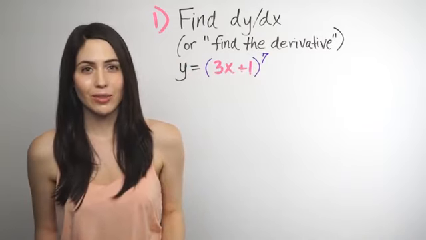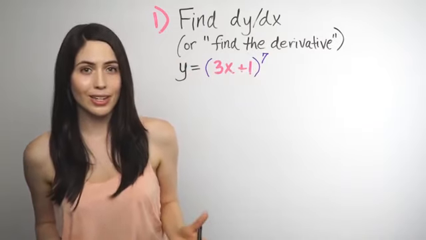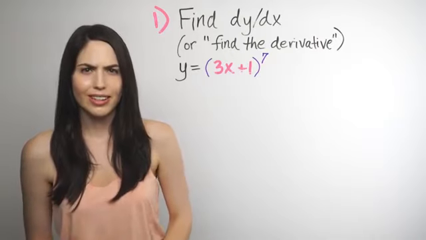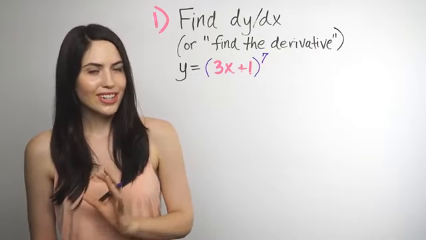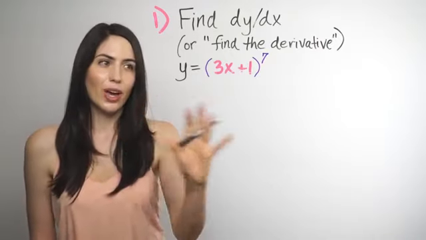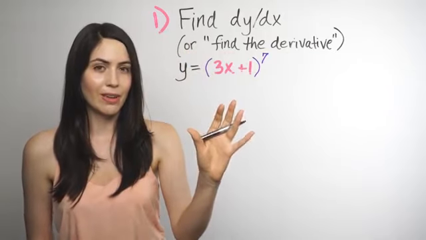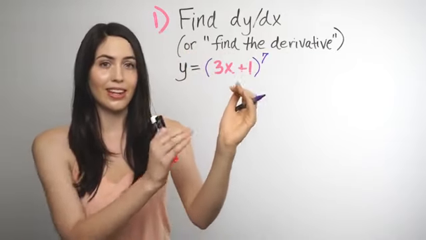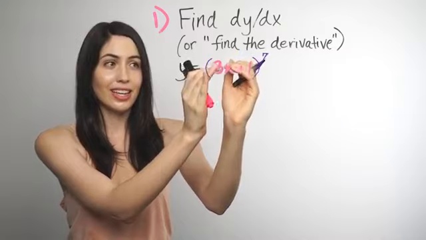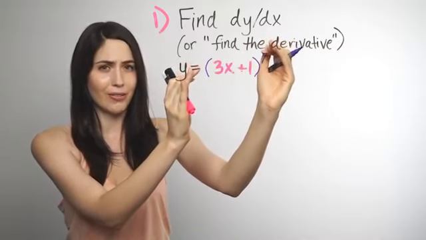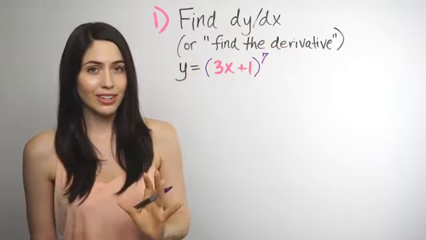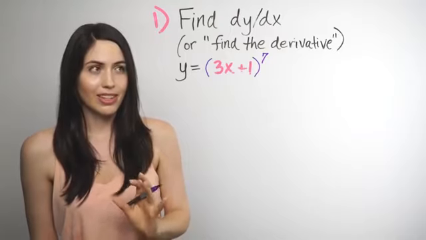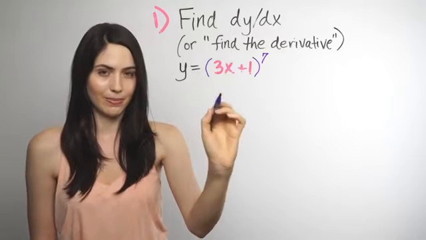So what is the chain rule, and how do you even know when you need the chain rule? Those are excellent questions. What is the chain rule? It is the way to find the derivative when you have a more complicated equation that is a function inside a larger outer function. And it will make your life easier, I promise. So let's look at this one.